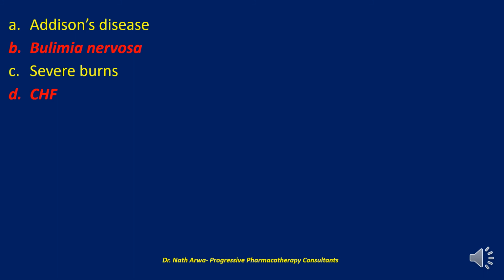In addition to hypokalaemia, heart failure is also sometimes associated with hyponatremia. Hypokalaemia in heart failure can be associated with hyponatremia, as I said, especially with fluid overload and hypomagnesemia.